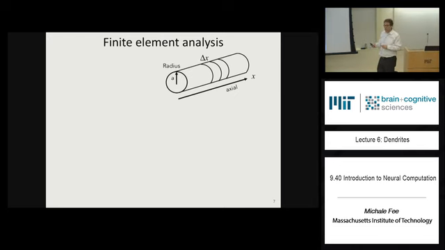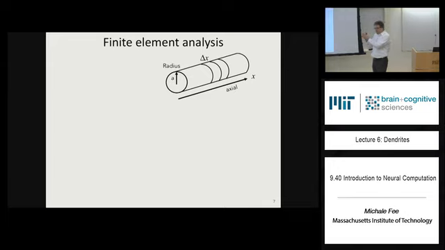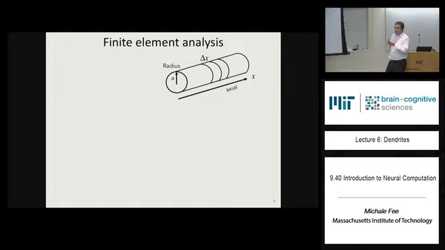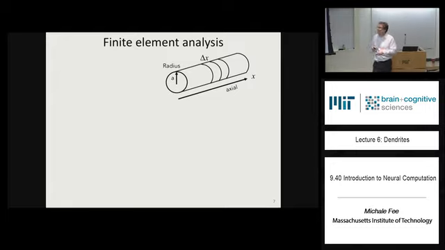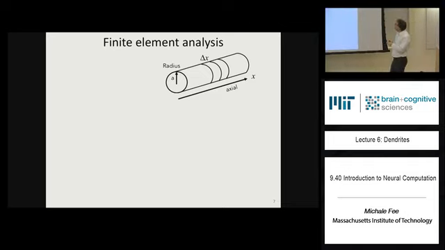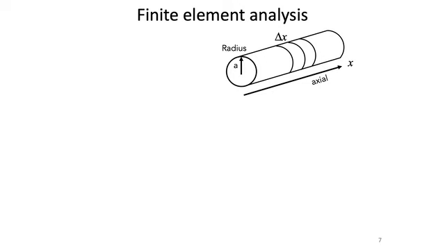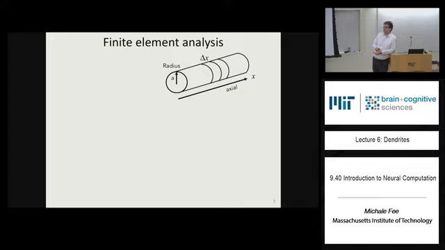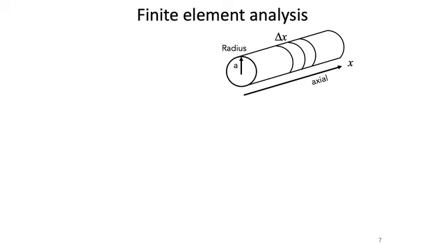So imagine we just took a little knife and we cut little slices of this dendrite, and they're going to be very small slices, and we're going to model each one of those slices with a separate little circuit. And then we're going to connect them together, and we're going to let the length of that slice be delta x, and then eventually we're going to let delta x go to 0. We're going to get some differential equations that describe the relationship between the voltage and the current in this piece of dendrite.